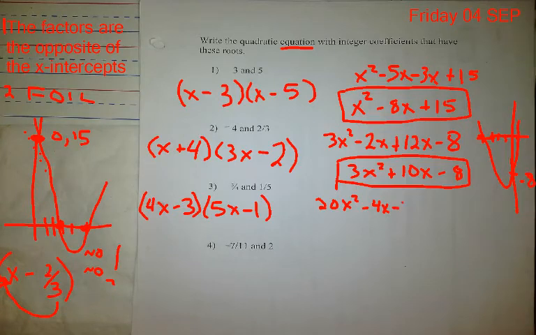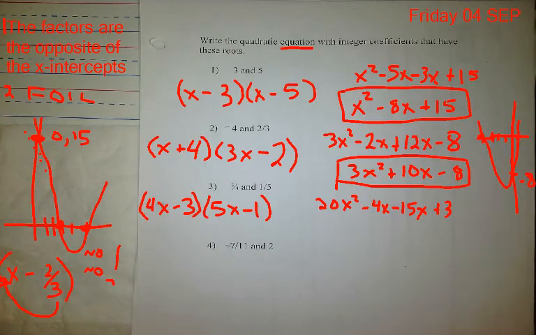That's negative 15x. Be careful, don't lose those minus signs. A lot of people make mistakes if they lose the minus sign. And then negative times negative we know is positive 3.